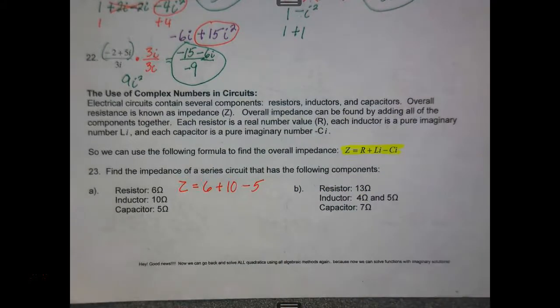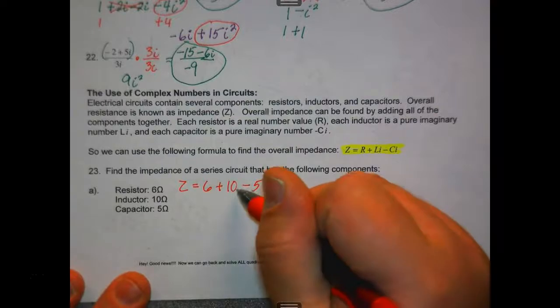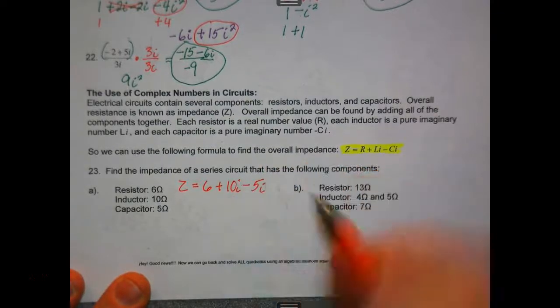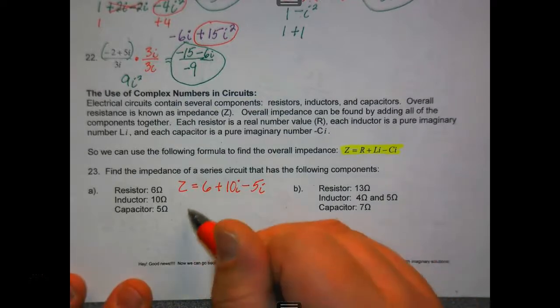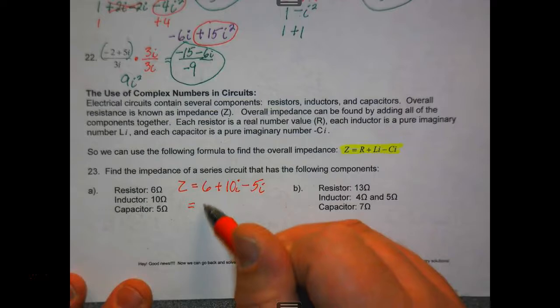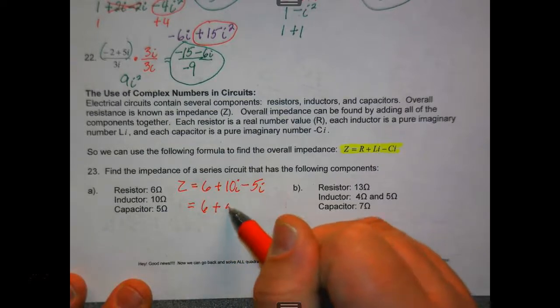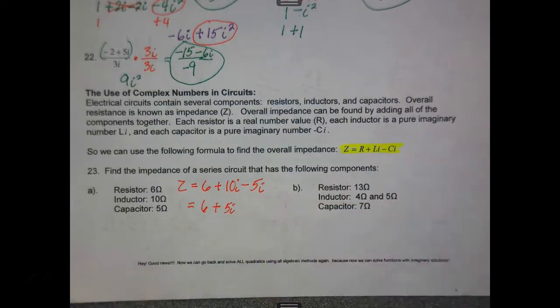Are we supposed to use the i's in this? I think we're supposed to use the i's. So I have 6 plus 5i. If we don't use i, it's just going to be 11.